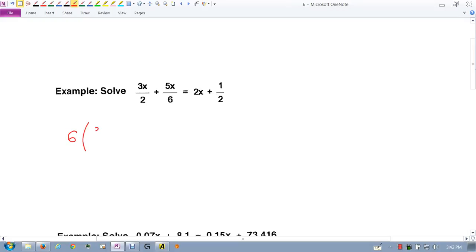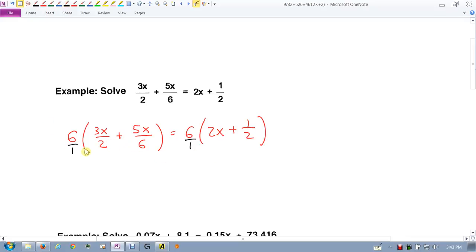I'm going to multiply 6 on the left side. Multiply 6 on the right side, like this. And remember, 6 is really like a 6 over 1, isn't it? I'm only putting that to help remind you of how you're going to multiply this through the parentheses.